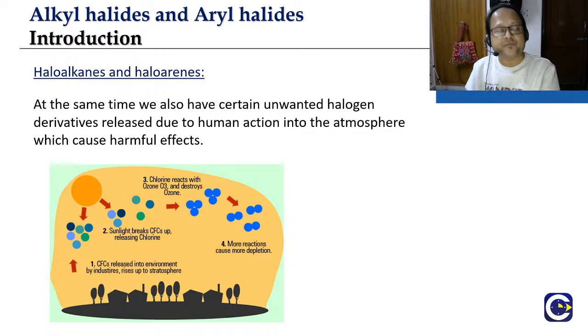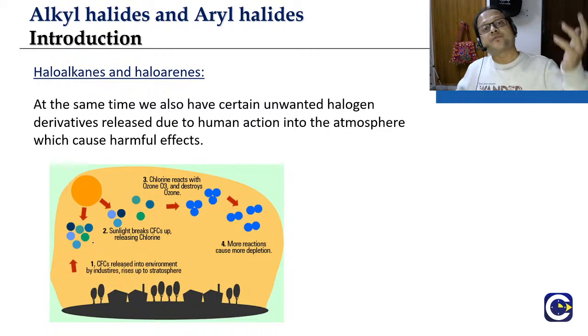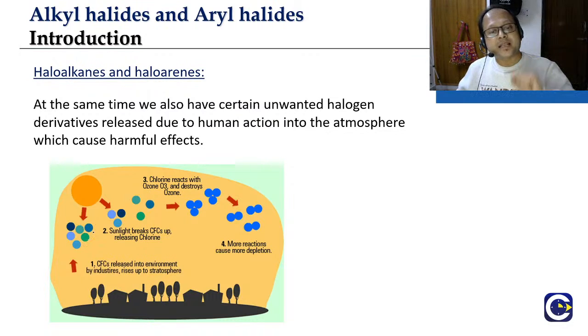When they go up in the atmosphere, they interact with sunlight more intensely over there, they break up, right? And they release these halogens like chlorine, which further break ozone into oxygen.